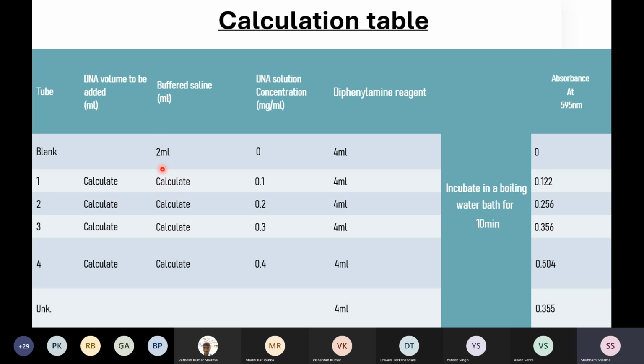As we observed in the last experiment, the blank contains everything except the test sample. So the blank will contain 2 ml of buffered saline alone, along with the 4 ml of diphenylamine reagent. After we prepare the individual solutions, we incubate them in boiling water for 10 minutes and note their absorbance. According to the blank's absorbance at 0, we get the absorbance of all the other samples.